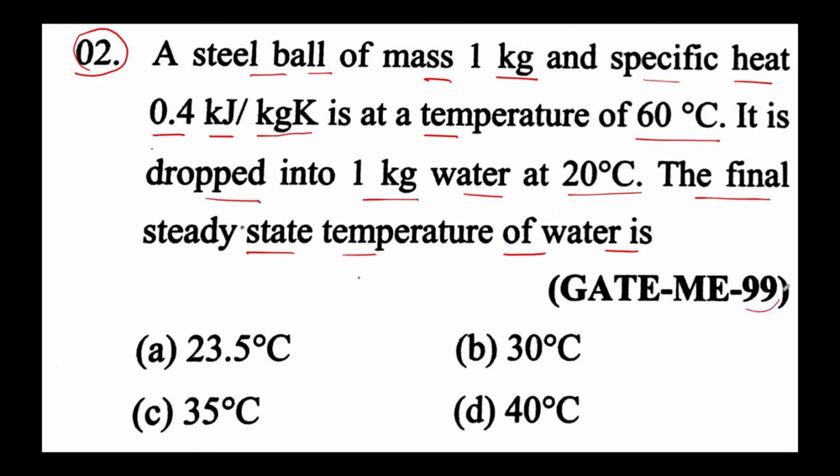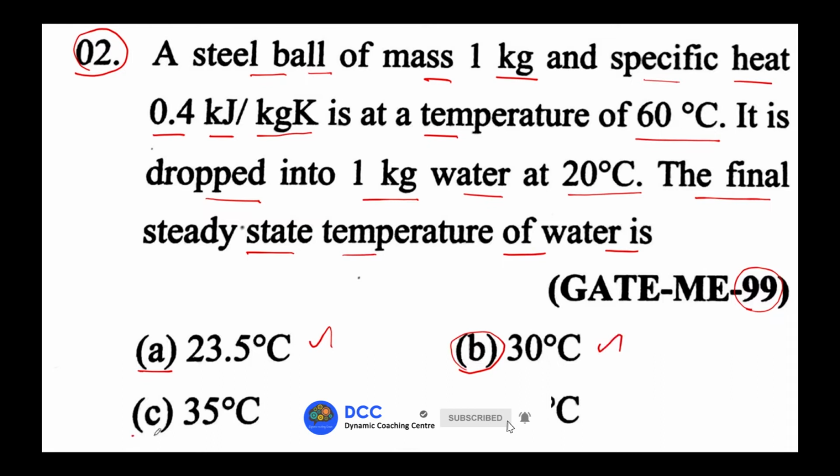This question was asked in the year 1999. Option A 23.5 degrees Celsius, option B 30 degrees Celsius, option C 35 degrees Celsius, and option D 40 degrees Celsius. It is a basic thing that energy would be conserved.